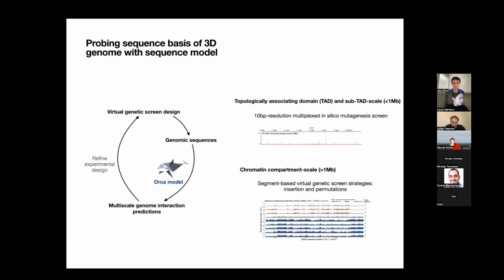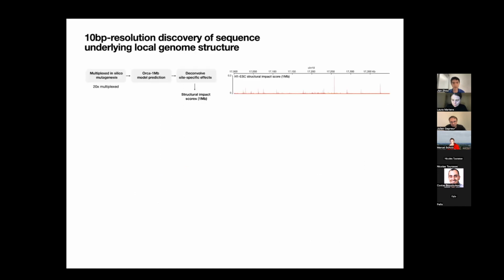So I'll describe two different strategies that were used to probe the sequence space at different spatial scales. At a more local scale, we use this 10 base pair resolution mutagenesis approach to try to find all of the sequence dependencies at motif size. The idea is very simple: we just want to mutate every single 10 base pairs and see which ones will affect the 3D genome, right?